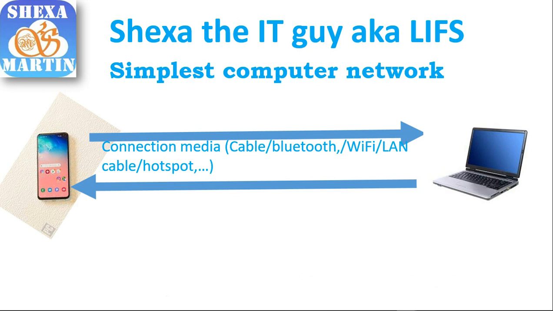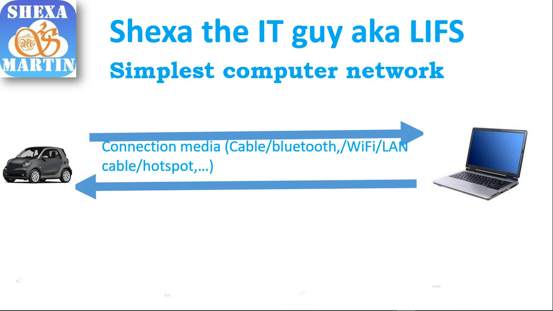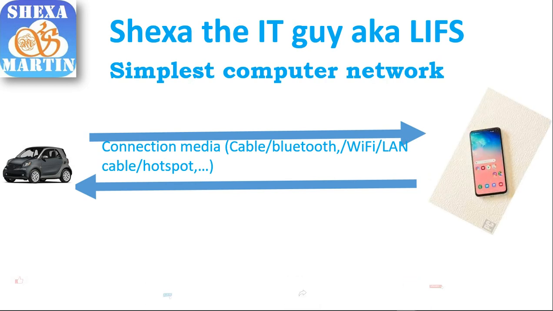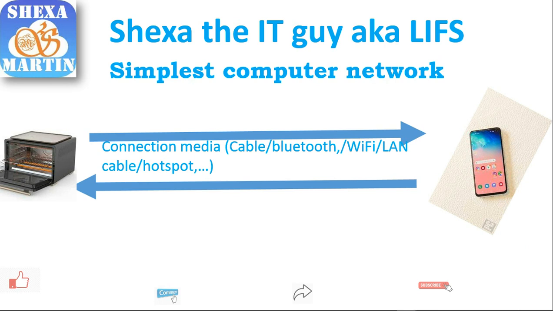The computer might send data to the mobile phone, or the phone might send data to the laptop, or we may have a computer connected to a smart vehicle. That's a network. We have 2 devices connected to each other. We may also have a mobile phone connected to a smart vehicle. That's a network. We might also have a mobile phone controlling a smart oven, switching it on and off. We have a network.